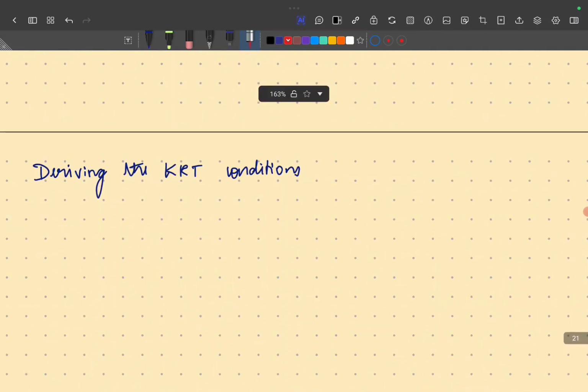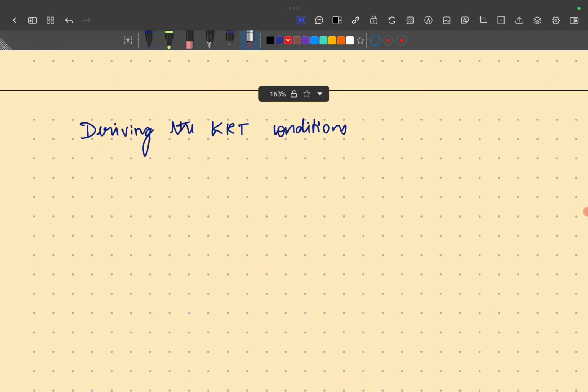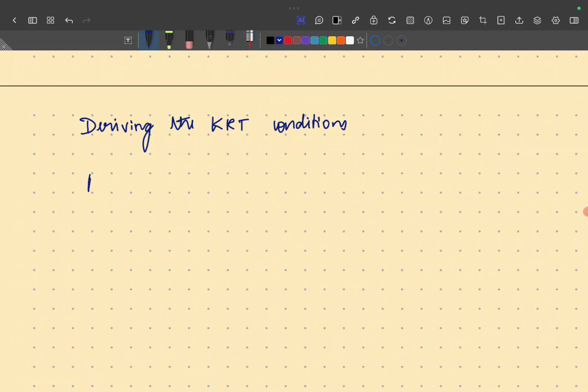Okay. So again, maybe I won't give all of the details, but we'll still see how we get the KKT conditions from just strong duality. So our basic assumption is that strong duality holds.